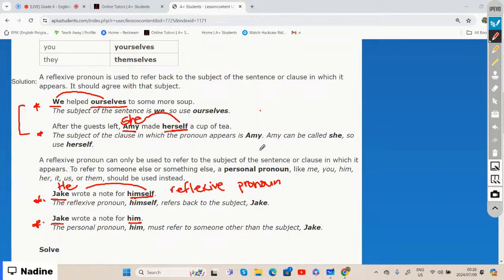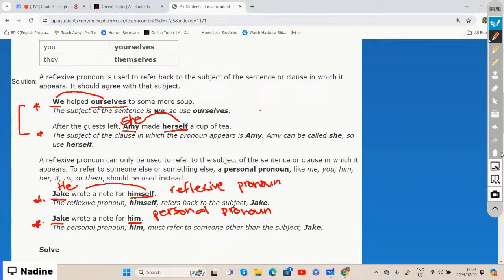To him. So him is a personal pronoun, and it must refer to someone else other than Jake. Because Jake wrote a note to him, that means that Jake wrote a note to someone else, not to himself.